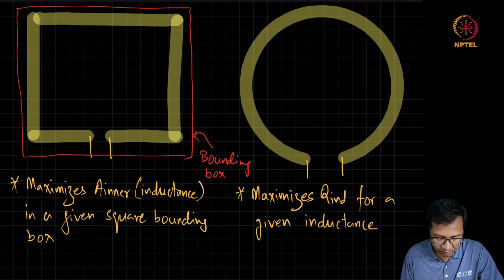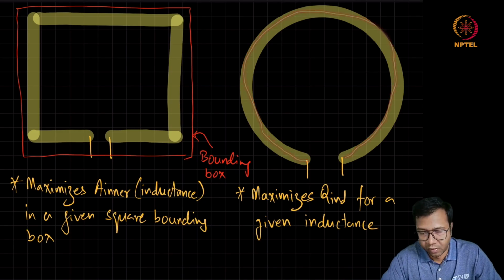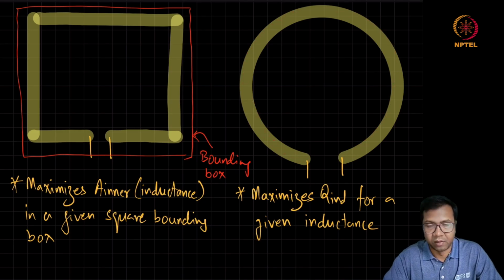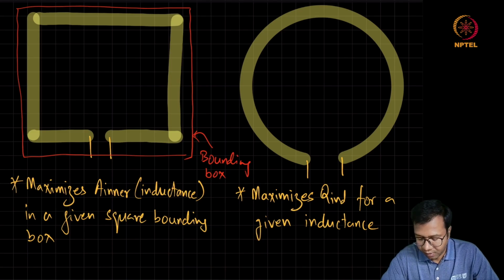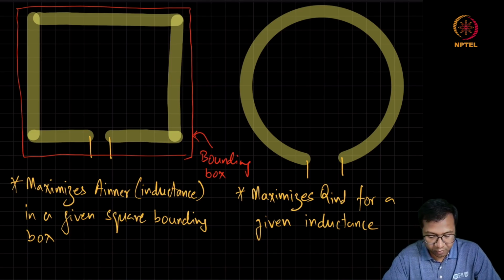There is another important point when we talk about a circular shape: this circular shape is not always possible to fabricate on chip because of all the lithography processes involved. It may not always be possible to properly transfer this kind of pattern.